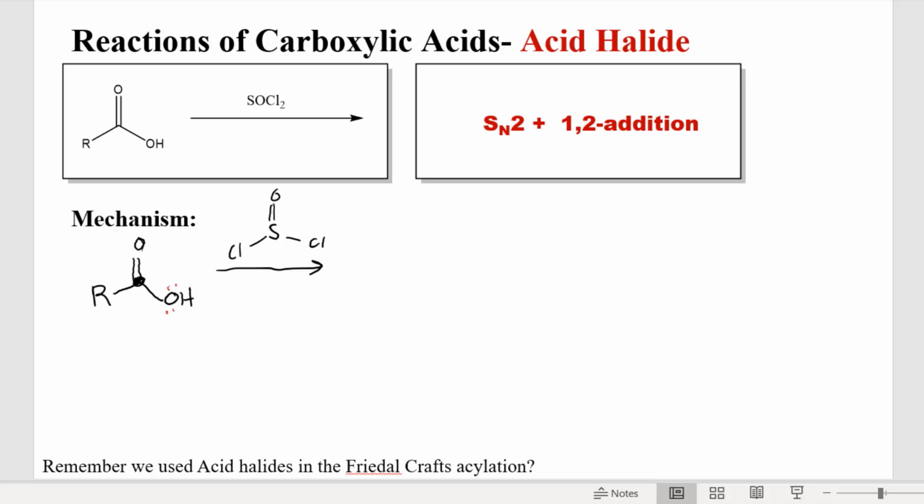All right, so our OH is going to do an SN2 with the sulfur. In, in, out. We were able to do the SN2 and not in, up, down, out because sulfur has d orbitals, and so it's more likely to do an SN2. So we got our SN2 out of the way.